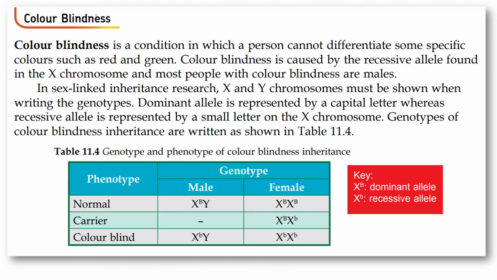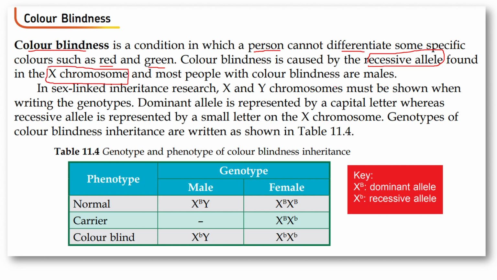Okay, so let's look at the first condition, and that is color blindness. This is a condition in which a person cannot differentiate some specific colors, such as red and green, merah dan hijau. Color blindness is caused by a recessive allele, which is found in the X chromosome.